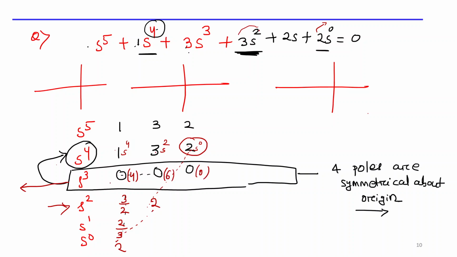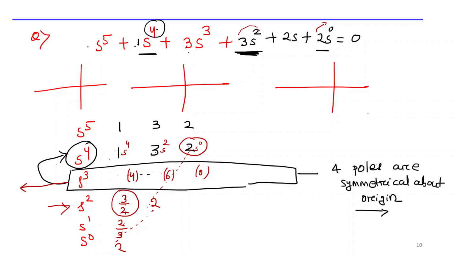Now these 0s are not in the picture, but it is in your mind that I encountered one row of 0. It means 4 poles are symmetrical about the origin. That point you have to remember, and you replace this 0 by 4, 6 and 0 and solve the question. Now this 0 I am removing, and you solve this. You will get this coefficient as 3 by 2.